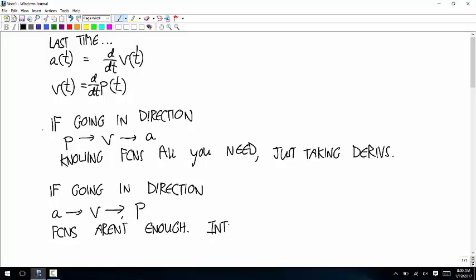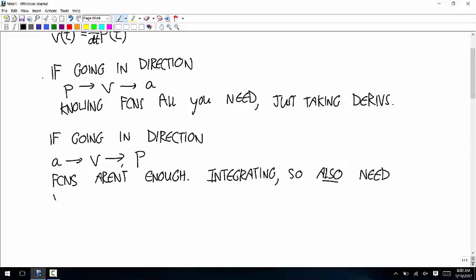You're integrating, so you also need values that let you calculate the constants of integration.